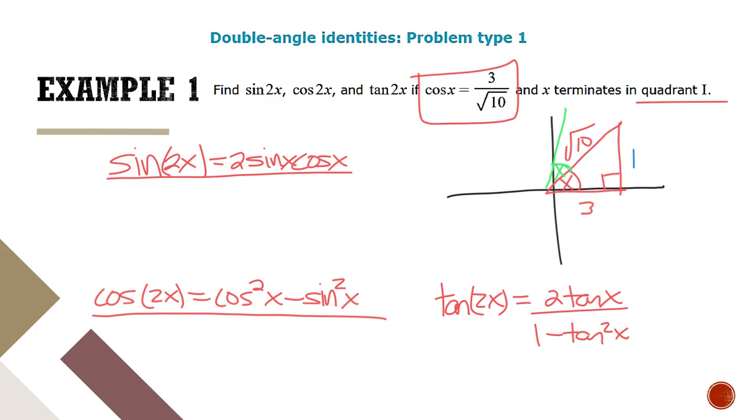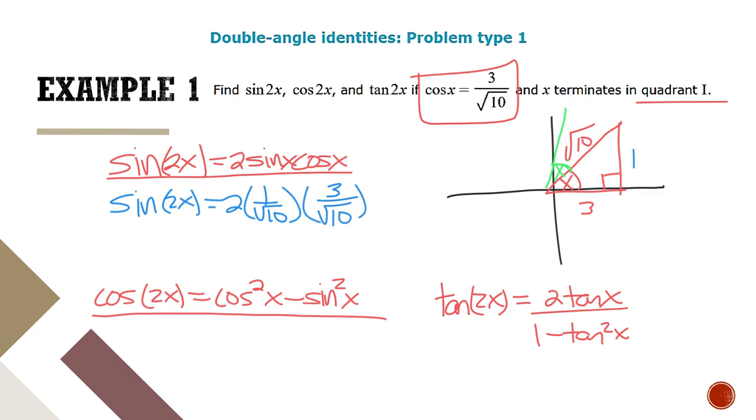So the sine of 2x in this case is equal to 2 times the sine of x, which is opposite over hypotenuse, so 1 over the square root of 10, and then the cosine is the adjacent over the hypotenuse, so we get that.